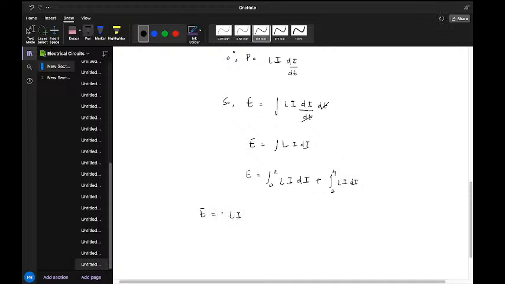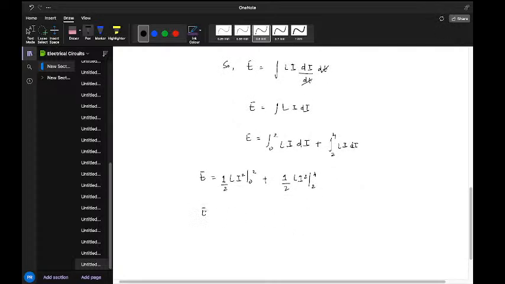It's half L i square from 0 to 2, plus half L i square from 2 to 4.